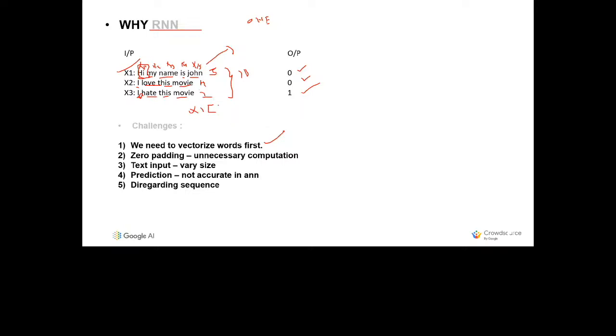So the first word would be 1, 0, 0, 0, and if I want to convert "my" into a vector, it would be 0, 1. Similarly, we can go on, and then we have one proper matrix for a review statement. See how we are converting this, and then we pass these vectors into a neural network.